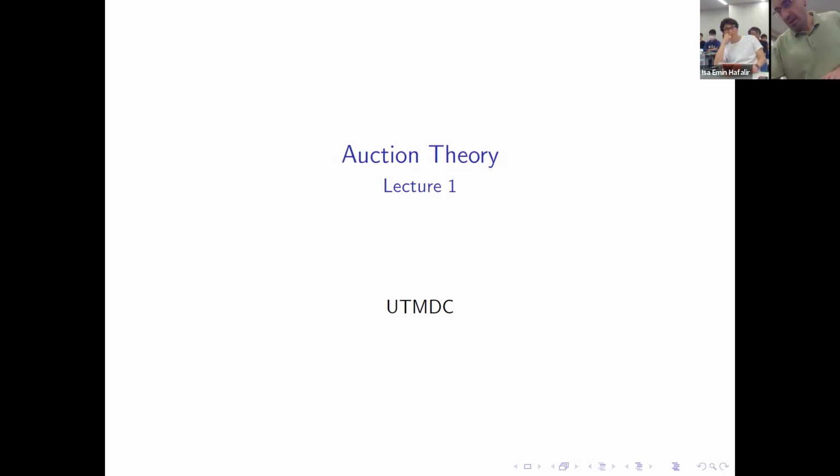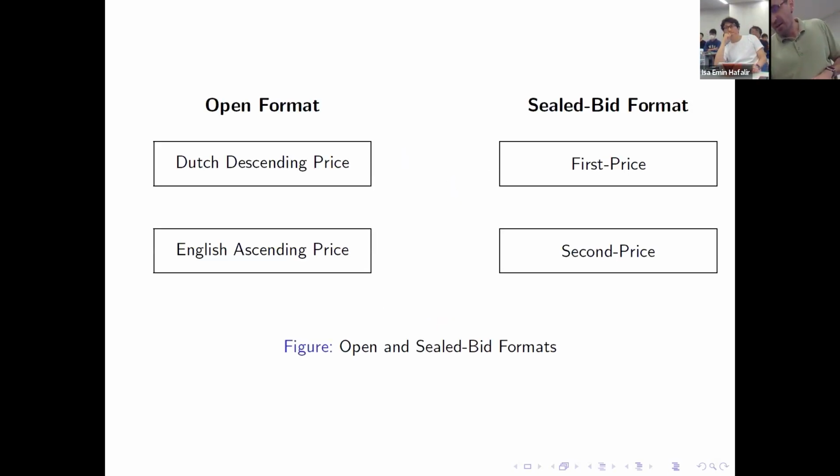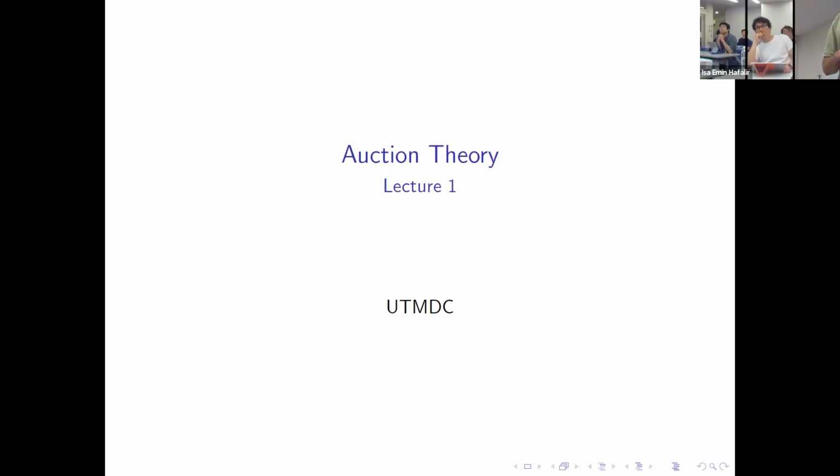The 2 examples are private values and common values. In today's class, we will almost exclusively consider private values. So what does private value mean? Private value means that if you are participating in an auction, your value from winning and consuming this object just depends on your own taste.